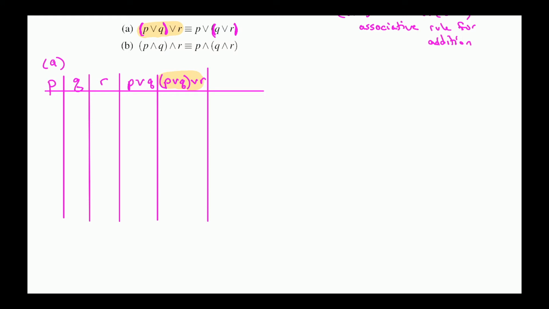So we have to do the same thing for the right-hand side. For the right-hand side, you need Q or R, so we're going to evaluate Q or R, and after that, we're going to do P or Q or R. And when we do all that, we're going to be able to tell whether or not these are logically equivalent based on whether or not the two columns that are highlighted now are the same.